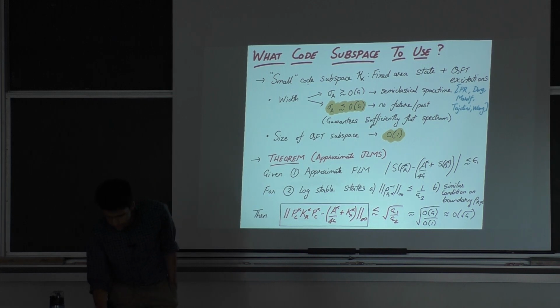So for this small code subspace, we'll also pick some size of the quantum field theory subspace to be order 1. So it's some order 1 number of excitations on top of this background.